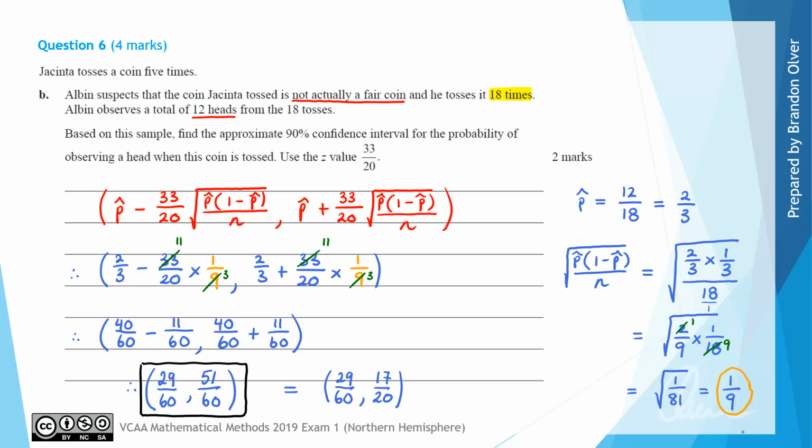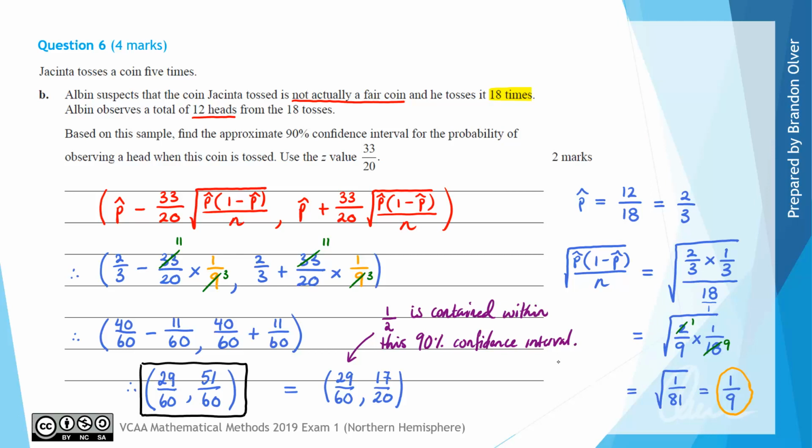Another interesting thing to note for this question, although it definitely wasn't required as an answer, is that 1/2 is actually contained within this interval. And essentially what that means is that that could still be a fair coin, because we're 90% confident that the true proportion of heads obtained by this coin is somewhere between 29 on 60 and 51 on 60, and 1/2 is contained within that confidence interval.